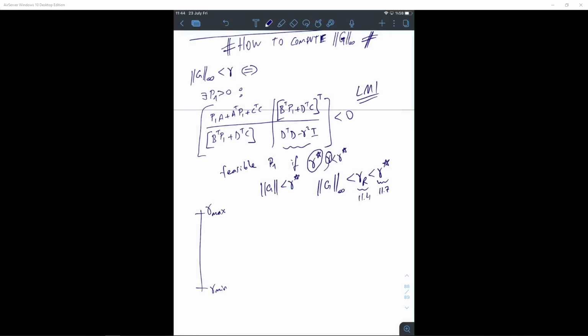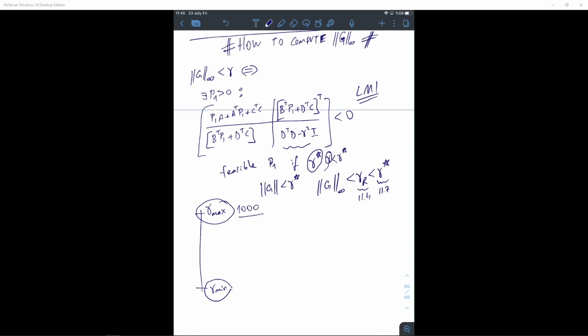We are going to first determine gamma min and gamma max, and let's say we are expecting the H infinity norm of our G dynamical system to be at most 100, and we can say gamma max is 1000.